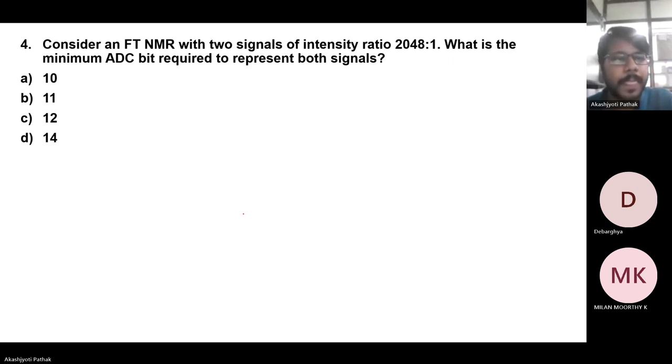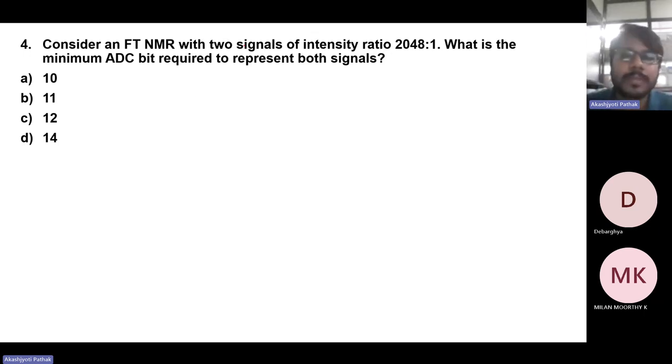So let's discuss a few questions to understand the concept better. Consider a Fourier transform NMR with two signals of intensity ratio 2048 is to 1. What is the minimum ADC bit required to represent both signals?